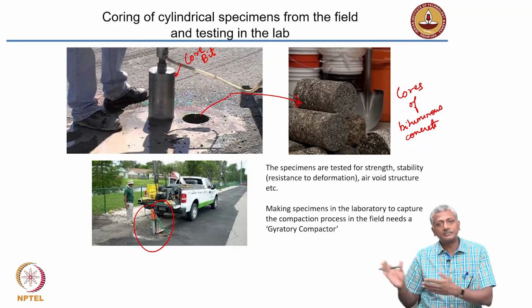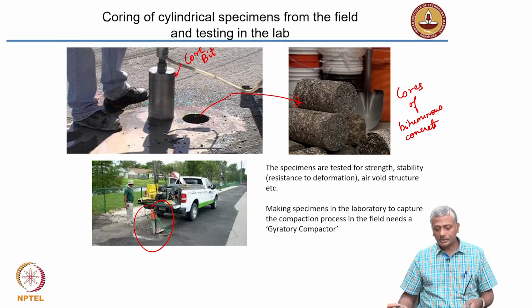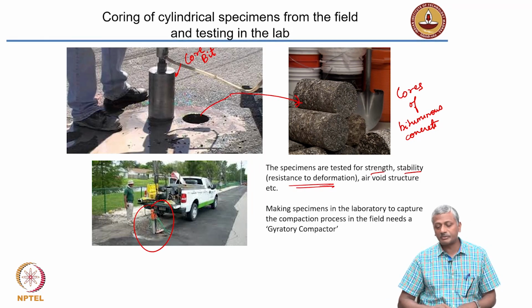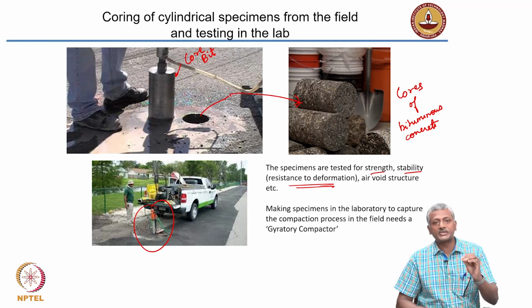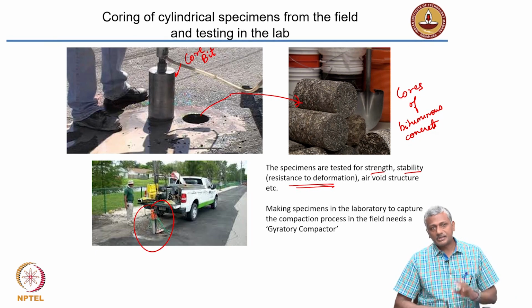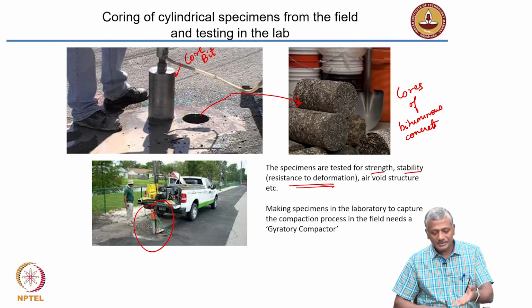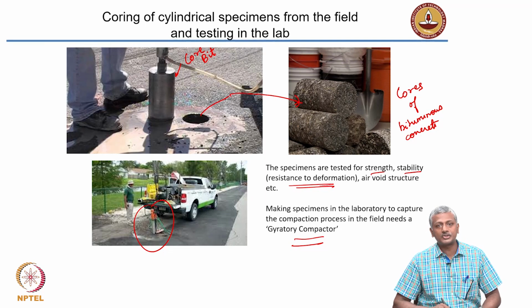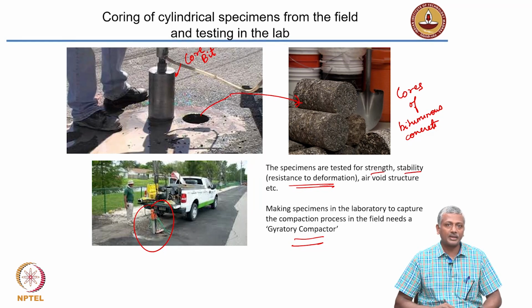And this core is then brought back to the lab and tested under controlled conditions for strength, stability basically, which is the resistance to deformation, and sometimes you also want to study how many voids are there in this structure. Okay. So, with the advent of new technology, it has now become possible to start simulating this kind of roadway pavement construction methodology in the laboratory by the use of an instrument called the gyratory compactor.